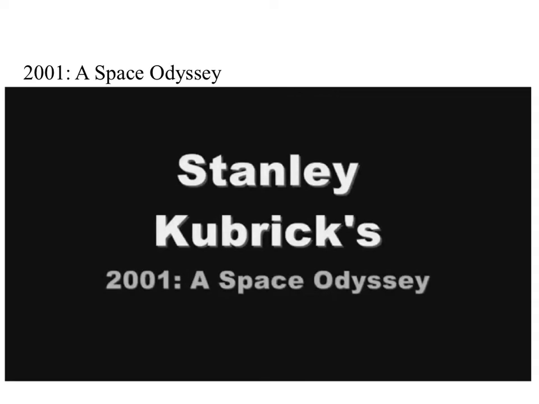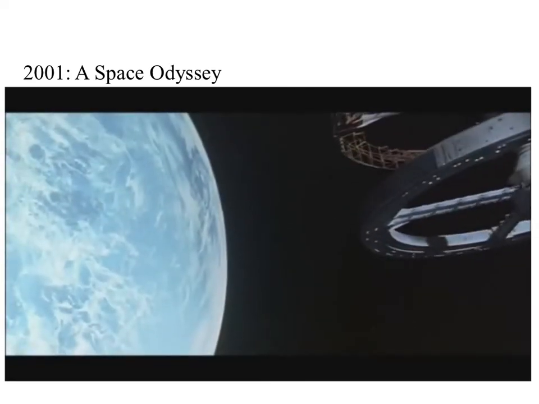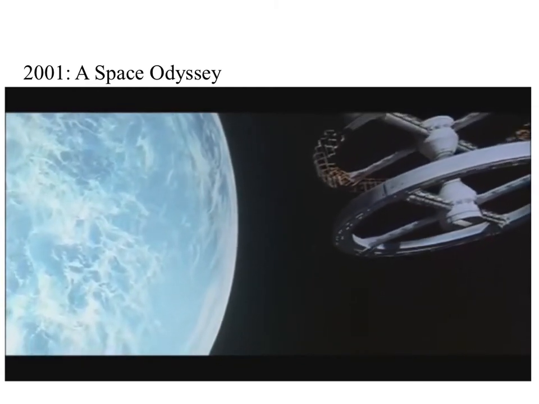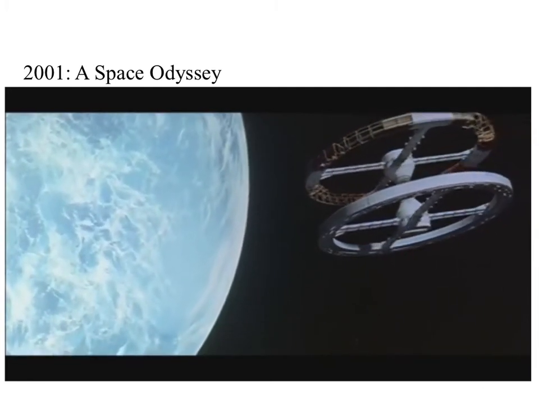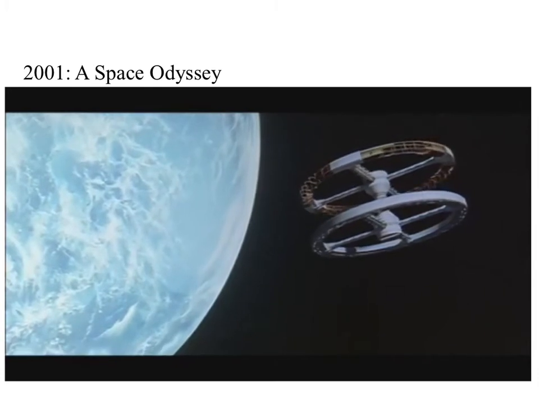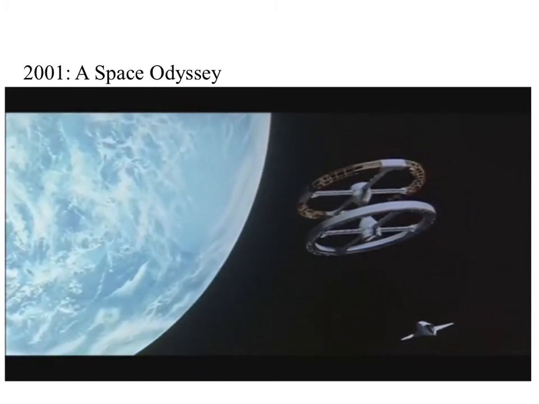So here we have a spaceship that's going to be coming into docking at a space station that's been rotating. Also, Space Odyssey made it de rigueur for science fiction to use classical music.